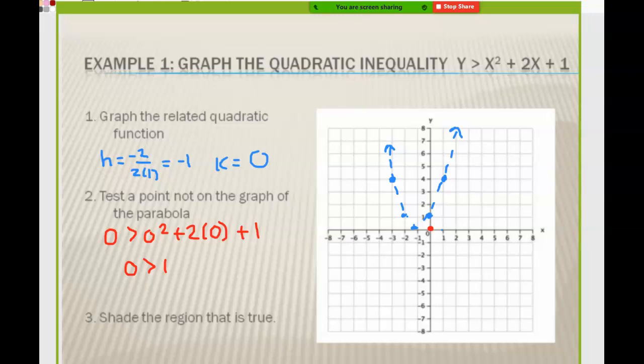No. So my test point is false. So that means I shade on the opposite of my test point. Since my test point was outside the quadratic, that tells me I'm going to shade inside. Good?